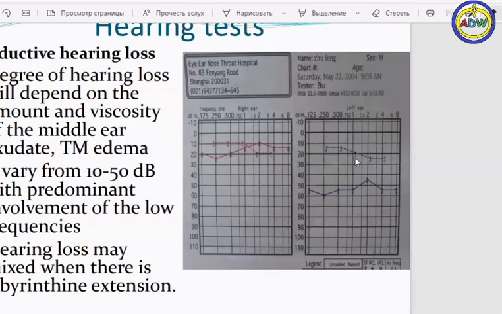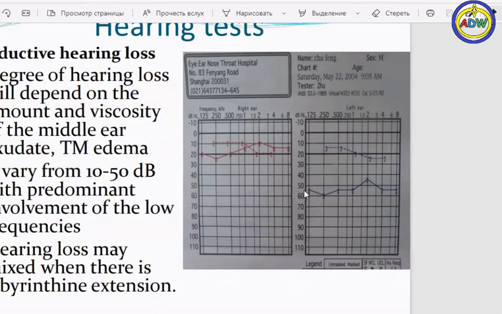In conductive hearing loss, you can see the bone conduction is normal, maybe a little decreased at high frequencies, because of possible irritation of the labyrinth, which is located near the tympanic cavity and middle ear. But air conduction, you can see, is decreased.